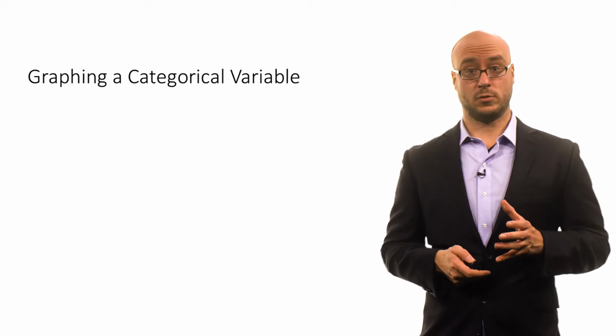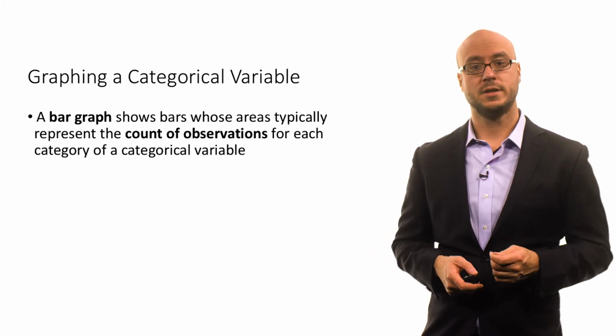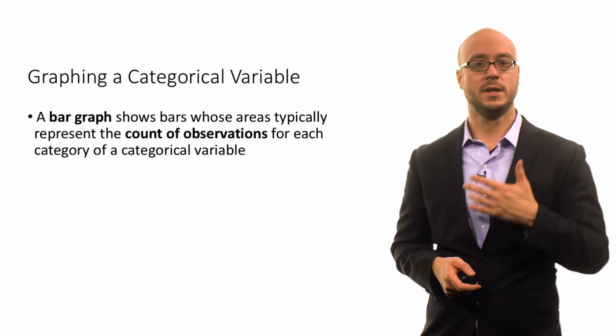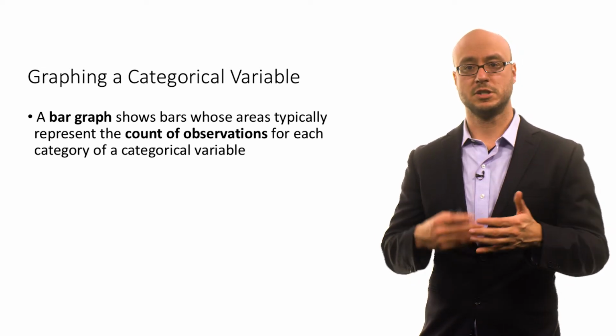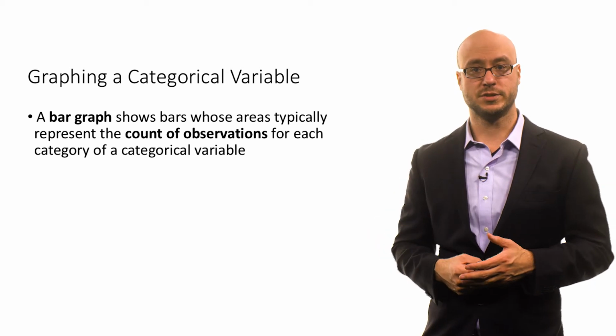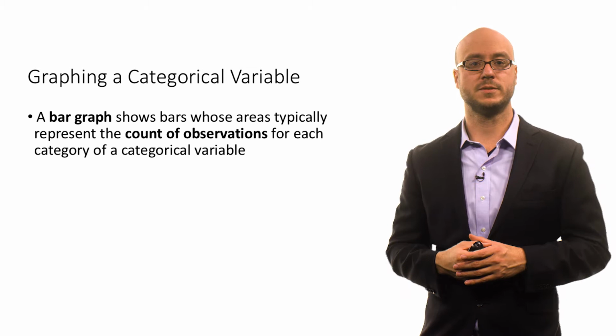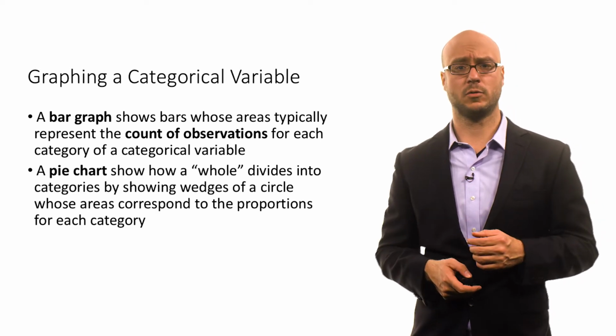We can also graph a categorical variable, and we have lots of options, but by far the most common approach is to create a bar graph in which the heights of these bars represent the counts, the frequency for each category of a categorical variable.